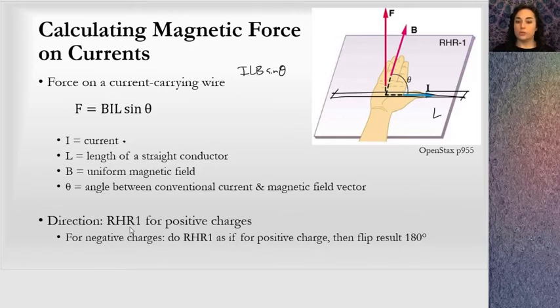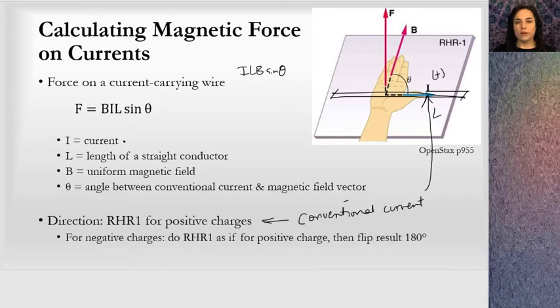Again, we're going to use the right-hand rule for positive charges, which means conventional current. So in this picture up here, I am going to think about this in terms of conventional current, and this is the positive charge motion. For negative charges, you would flip the result.